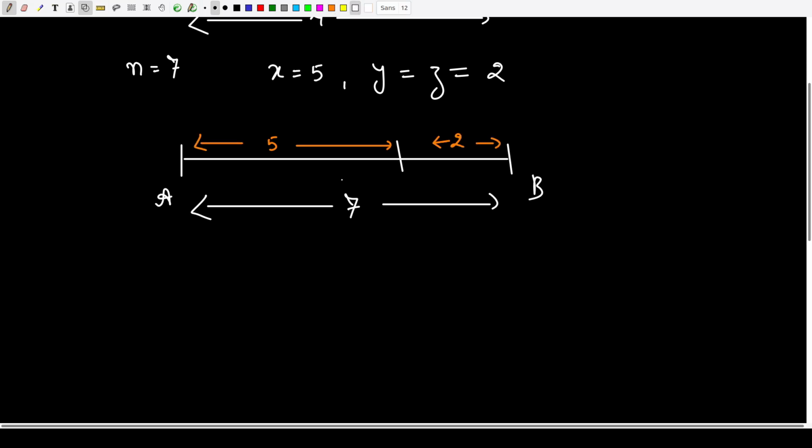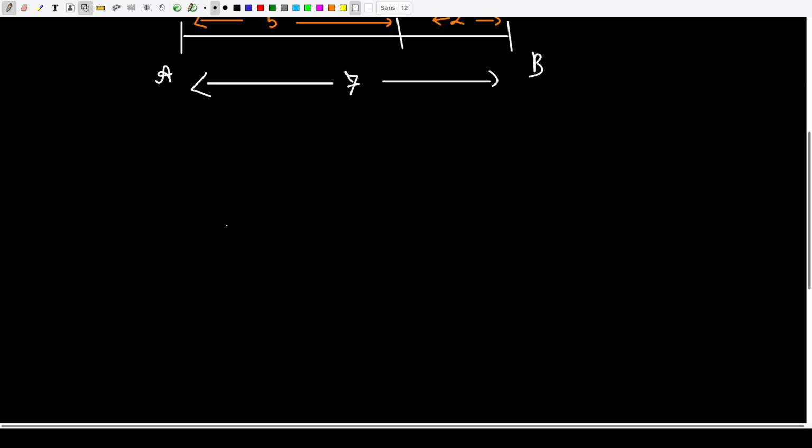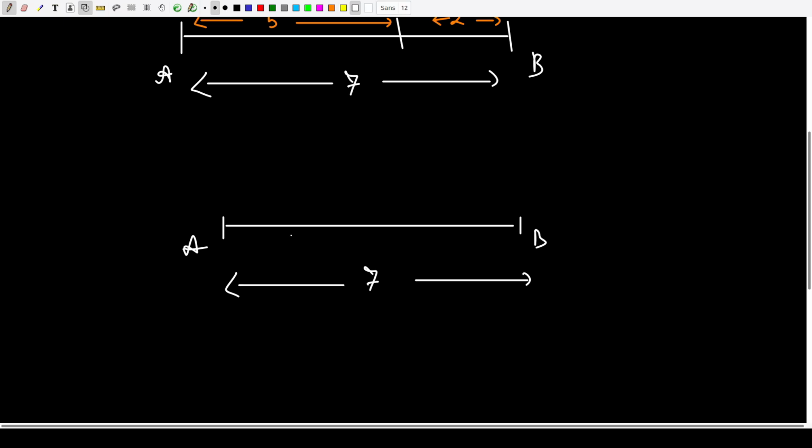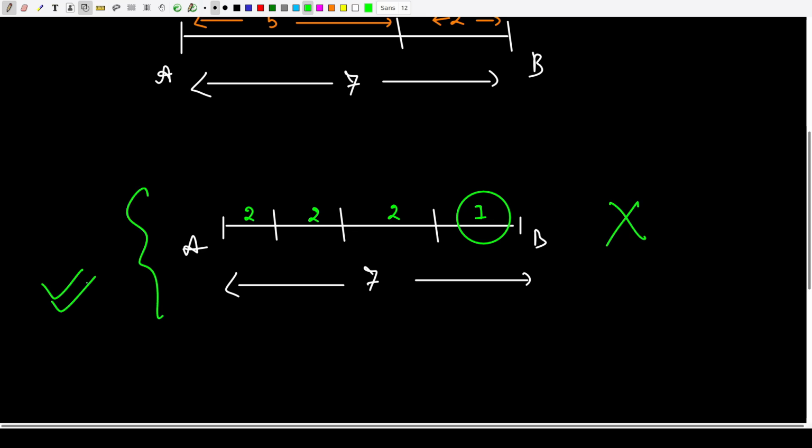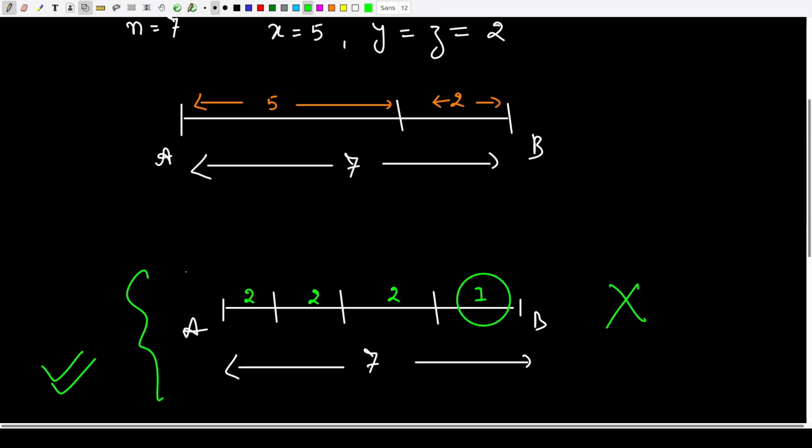And the thing we need to be aware of is that cutting the line segment AB of length 7 into pieces of 2, 2, 2 and 1 is not a valid cut. Each of these cuts is of size 2 and this one is of size 1. As you can see, this line segment is of size 1, because of which this is not a valid segment and this is not a valid cut. This is one minor detail which we should be aware of in order to solve this problem.